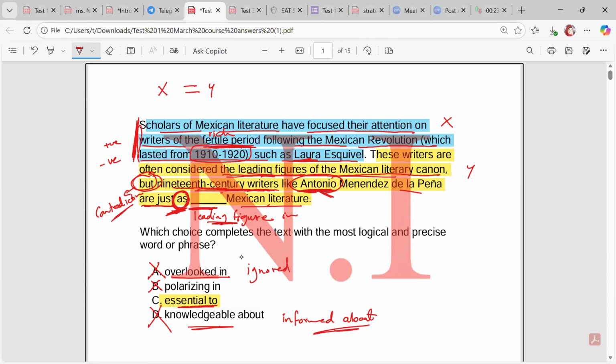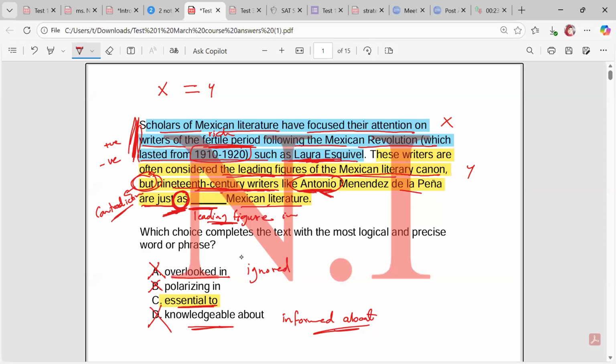Because I said here as, this means that they are similar, or this writer is similar. You got it? Those scholars always focus on these writers, of whom Laura is one.